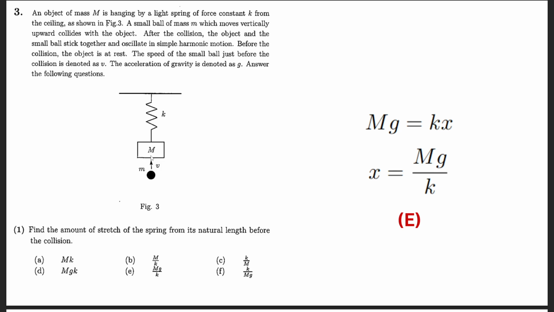So there is a gravitational force of M that is Mg, and it's equal to the force that the spring wants to go back to the natural position, that is kx. So we can write Mg is equal to kx, and to write it in terms of x, it's Mg over k.